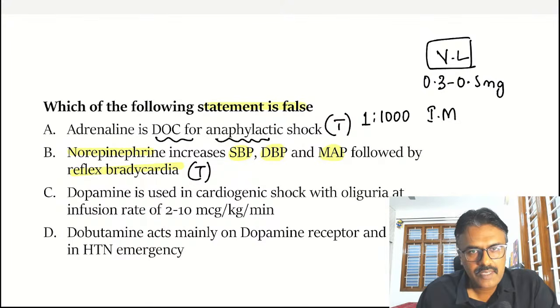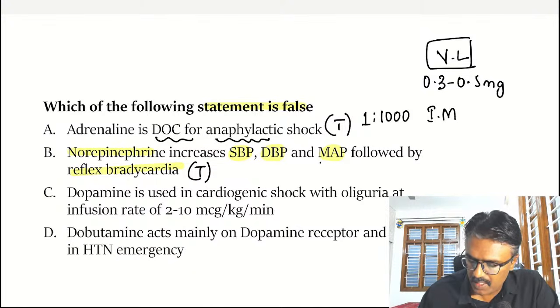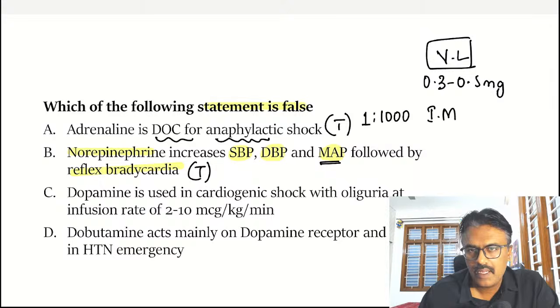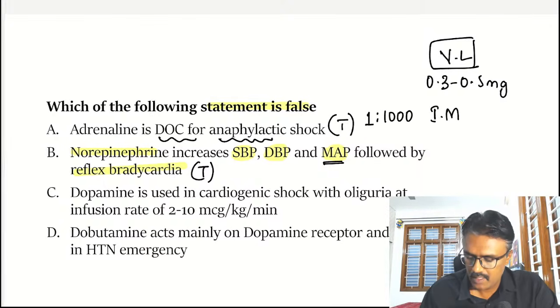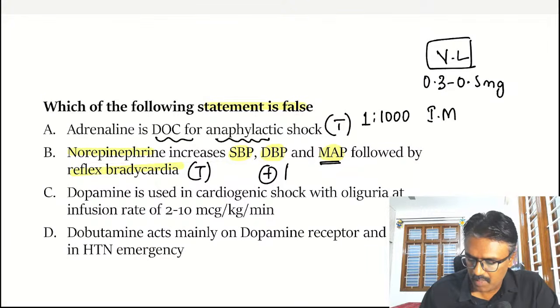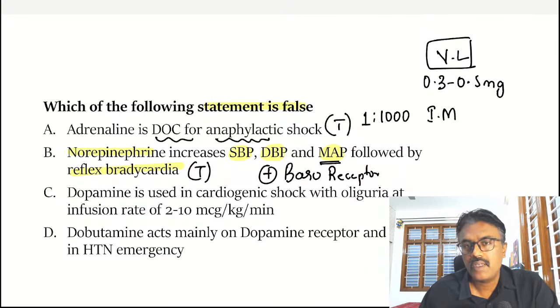Now why does it cause reflex bradycardia? When the mean arterial pressure has gone up and the BP is high, there will be stimulation of baroreceptors. These baroreceptors will tell the brain to stimulate the parasympathetic system and reduce the heart rate. That is called reflex bradycardia.